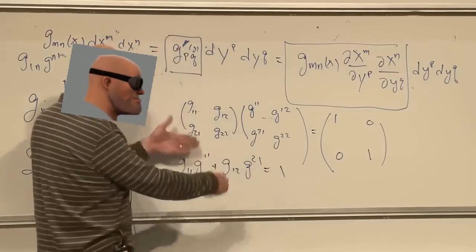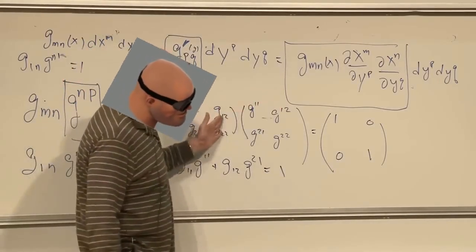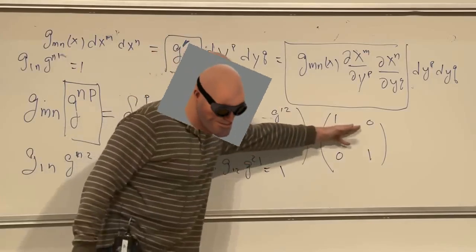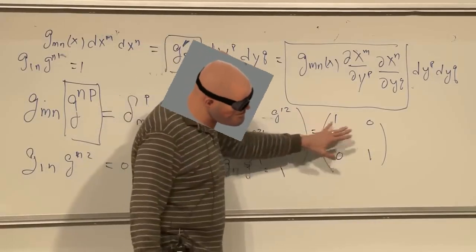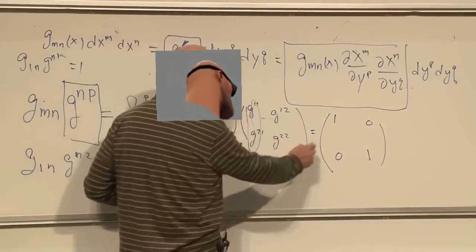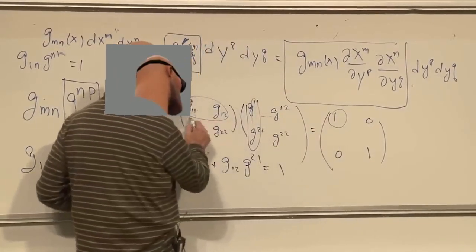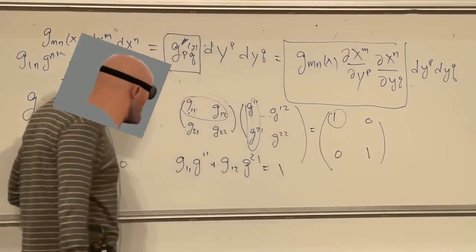I'm not going to write all of them. It says G11 times G12 plus G12 times G22 is equal to 0. There are 4 equations here, one for each entry. The product of this times this is equal to 1. The product of this times this is equal to 0. And so forth.